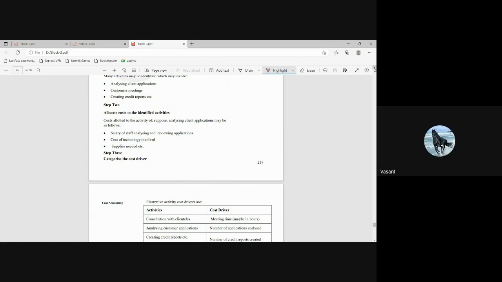Yes, ma'am. For this chapter, in the second block, you can always prefer going with the theories. But for the first two chapters, which we have done, absorption costing, marginal costing, contribution, variable and fixed cost, there you can go with the calculations. And for this particular chapter, I think theory will suffice or it will balance.